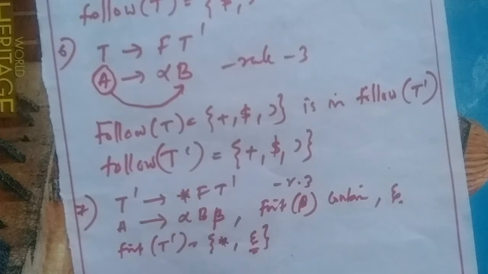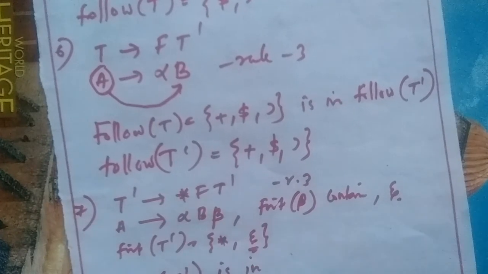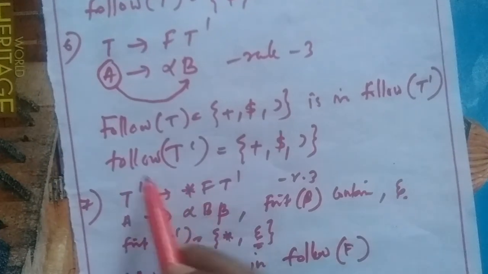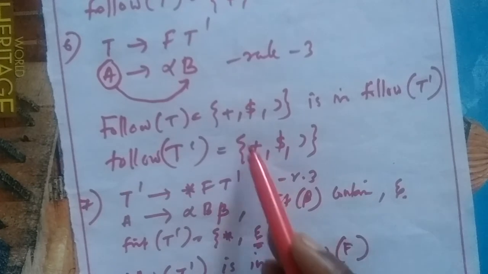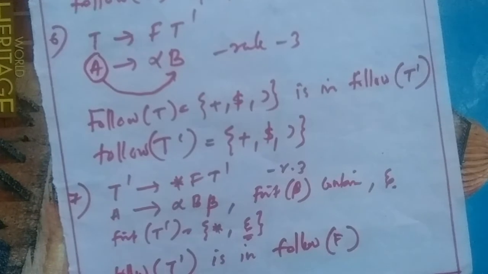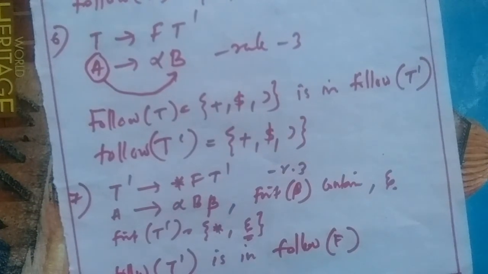So rule 3 is telling everything in follow of T dash, because A is T dash, is in follow of B. B is our F. So what is follow of T dash? Follow of T dash is the set containing plus, dollar and right bracket.